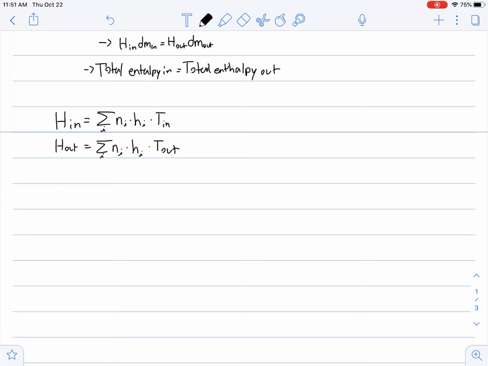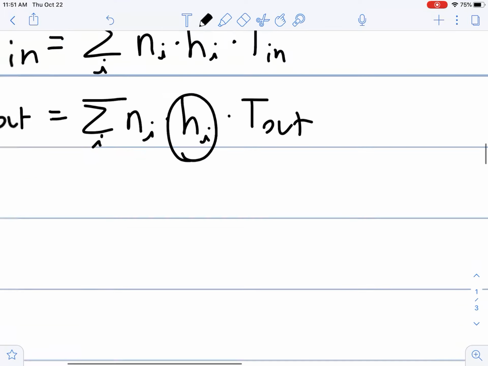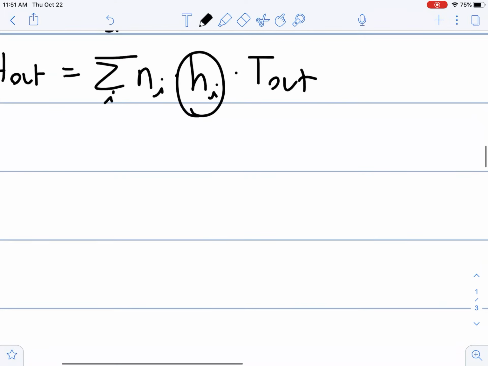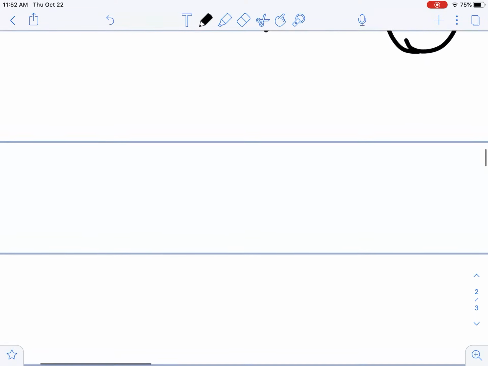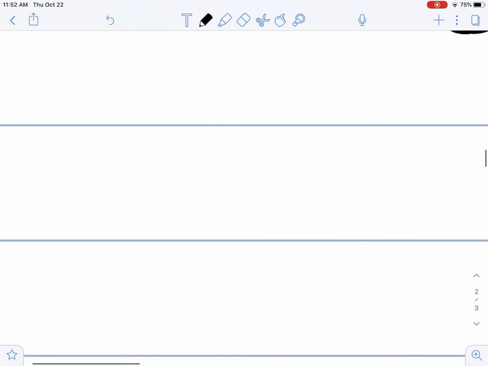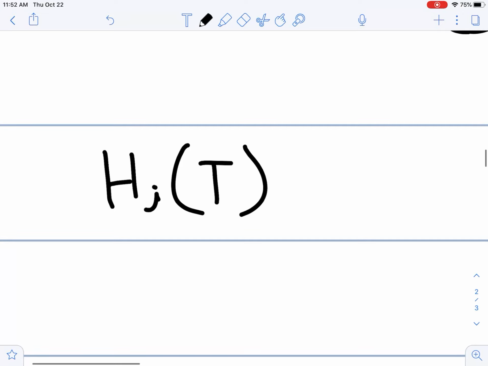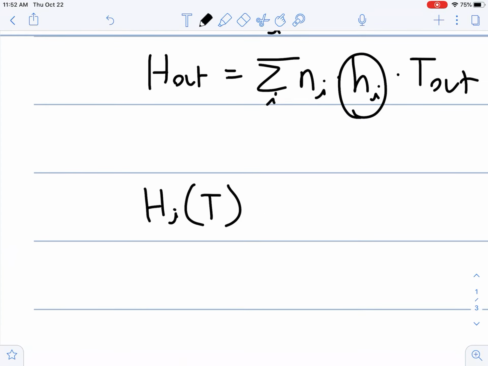And then that gives us another question. What is this enthalpy of each component? And we can actually solve for that because it depends on the temperature that we want. So we say, because it depends on temperature, I will call it Hi of T. And what we know when we're calculating this is the standard enthalpy of formation of an ideal gas.